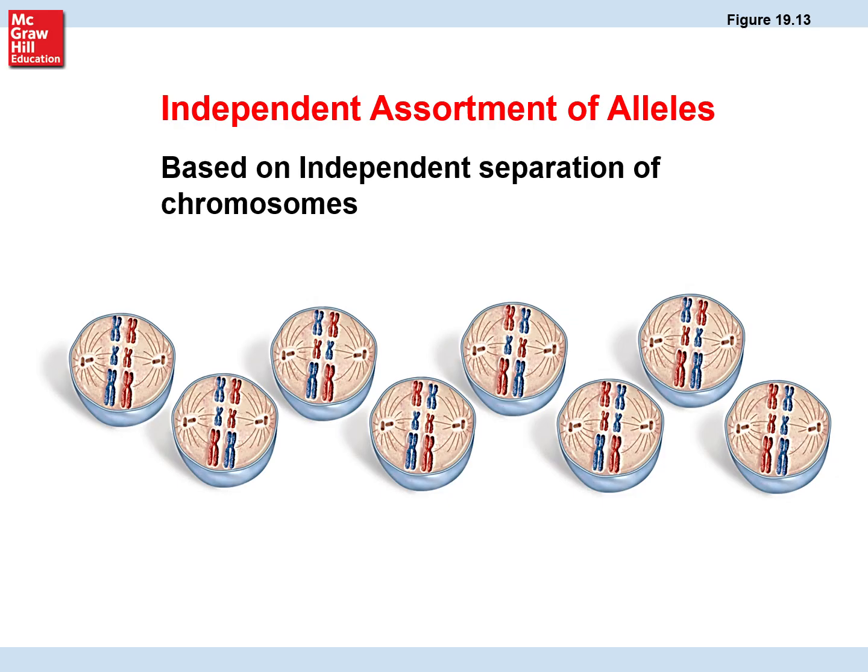They separate mostly independently of each other, and that means we can have any number of combinations in the offspring. That diversity may account for, well, maybe a gene confers some kind of a benefit that allows survival or thriving in the environment, or maybe there's another gene that might have been beneficial at one time but isn't beneficial now, maybe a hindrance. By these combinations, you can achieve an extraordinary amount of diversity through sexual reproduction.